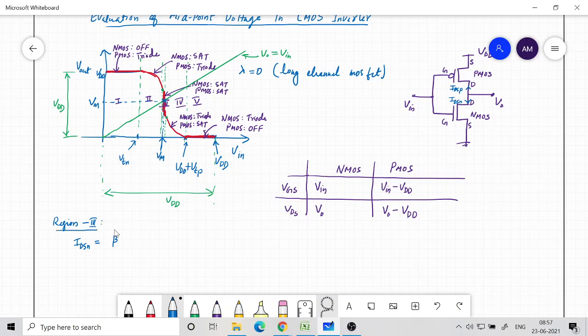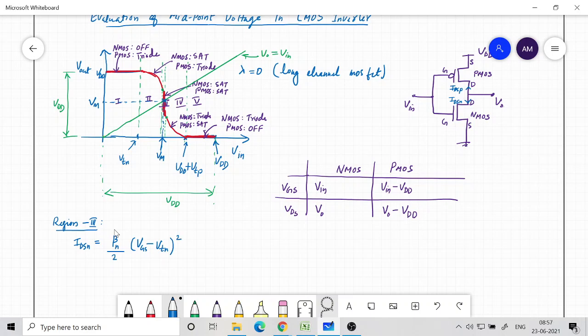I can write the drain to source current as beta n by 2 into VGS minus VTN the whole square. Beta n is the device transconductance. It contains Kn, the process transconductance, multiplied by W by L of the NMOS transistor.